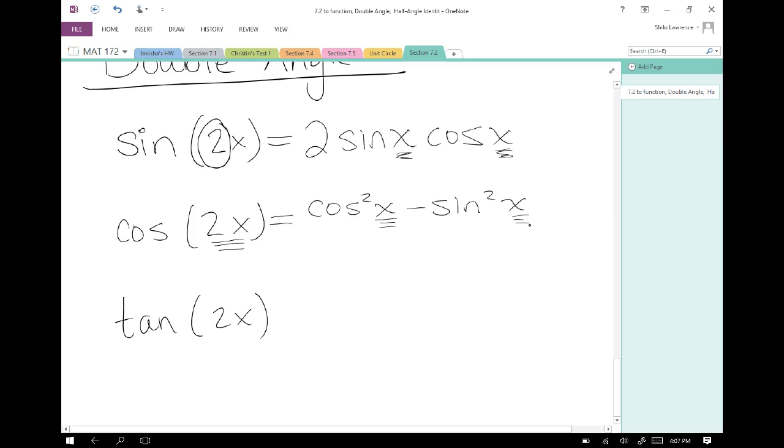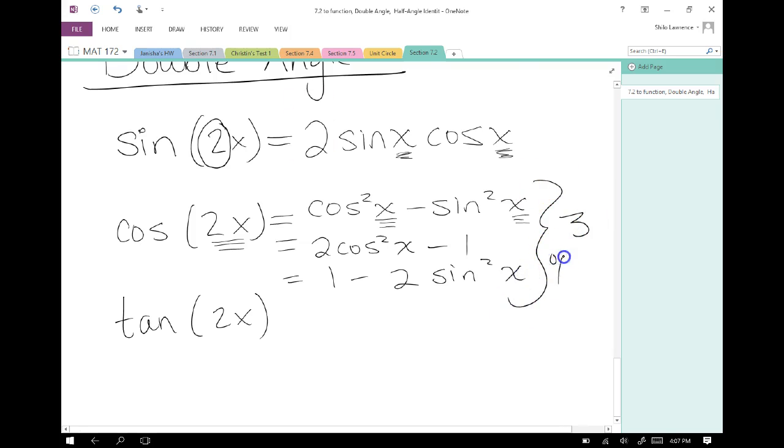But you can also use 2 cosine squared x minus 1, or 1 minus 2 sine squared x. All 3 of those are equal to cosine of 2x. So again, depending on the situation that you're in and what exactly you're trying to do, all 3 of them will work.